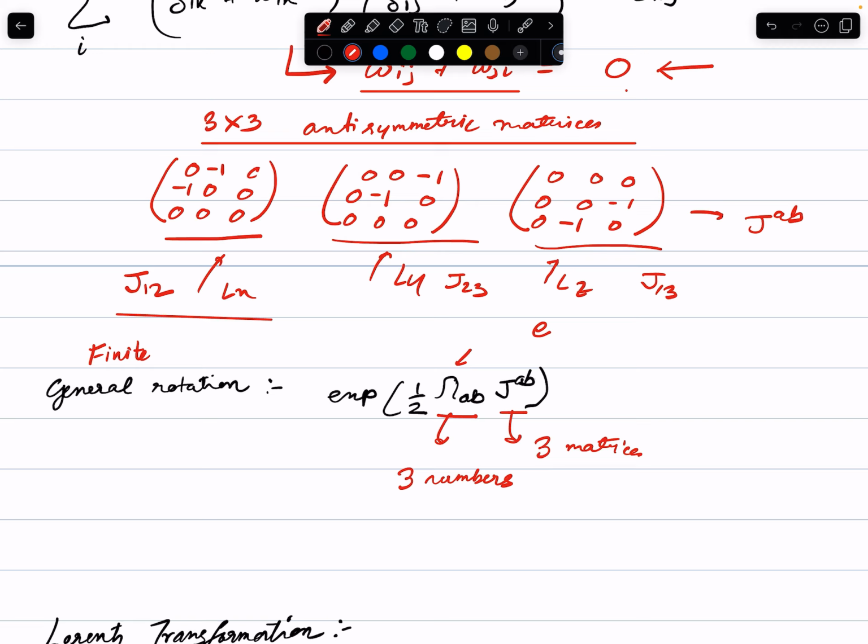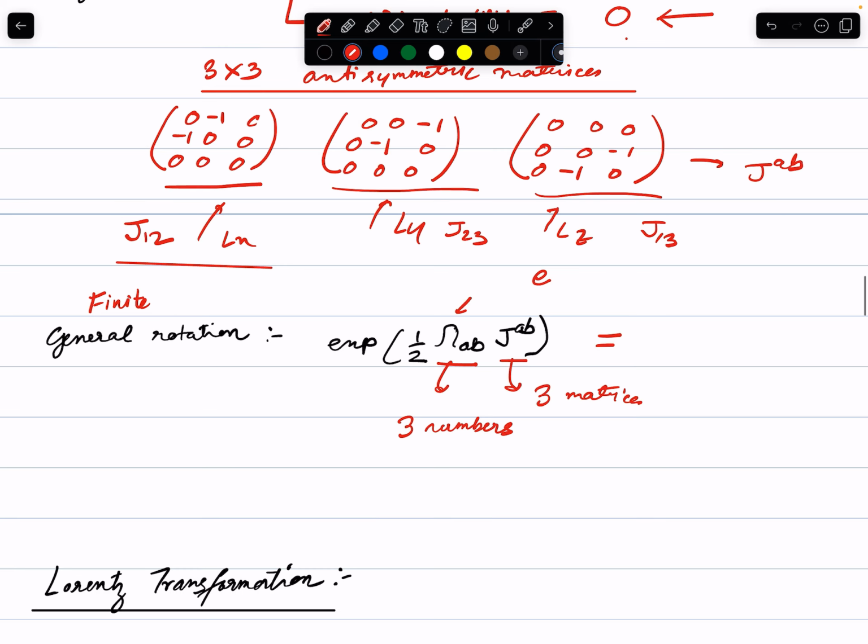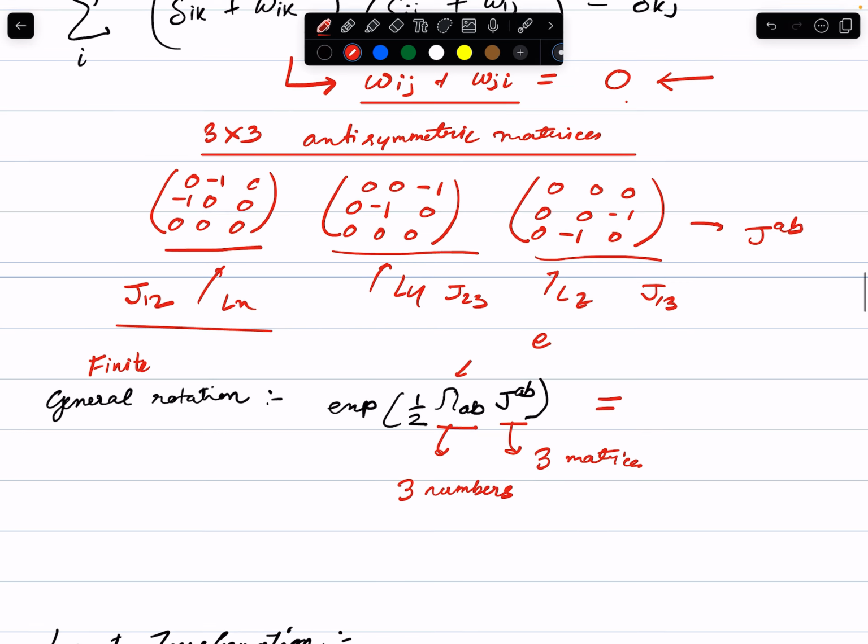And this whole thing is of course itself a matrix, because if I multiply these J_AB, J12 by some number, J23 by some number, the sum of that is a matrix, and if I exponentiate that, that is also a matrix.